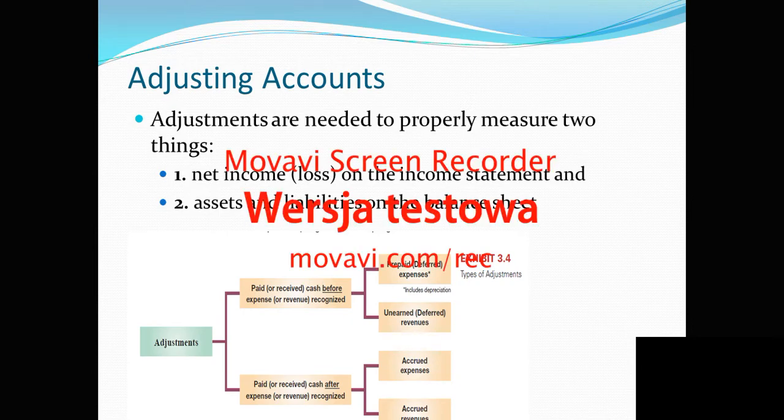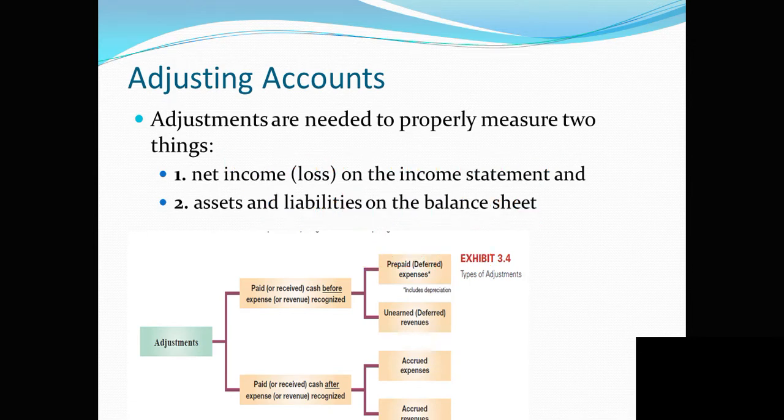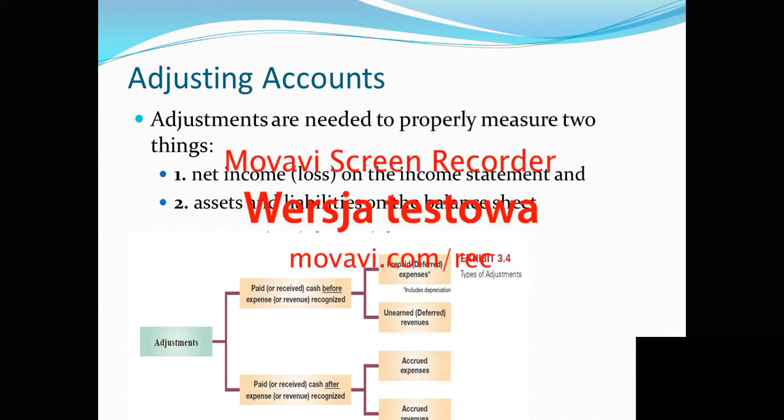So if you look at the graph, you'll see the 4 types of adjustments that we need to make, and they are divided into categories: paid or received cash before expense or revenue recognized, or paid or received cash after expense or revenue recognized.